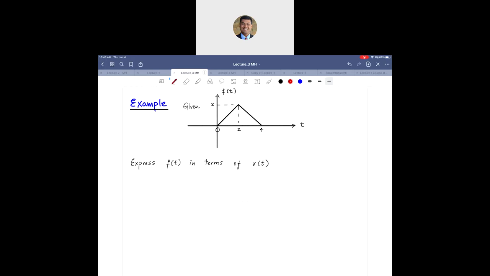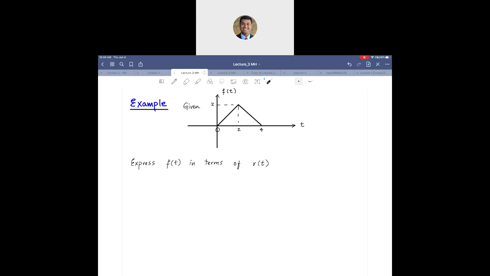All right, express f of t in terms of ramp functions. So for this, from 0, it increases linearly with a slope of 1 because at 2 it is 2. And then between 2 and 4, it goes down also with a slope of 1.